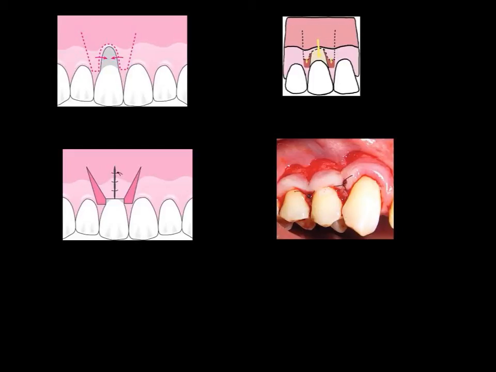A cuff of epithelialized tissue is removed from around the recession defect to expose the underlying connective tissue from here and here.